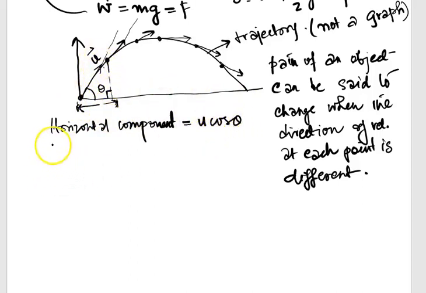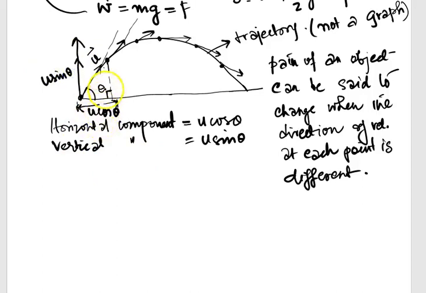That's what we get. So the vertical component is u sine theta. All right. Okay, we're good to go now. So therefore we have u cos theta, u sine theta as the initial horizontal and vertical components.